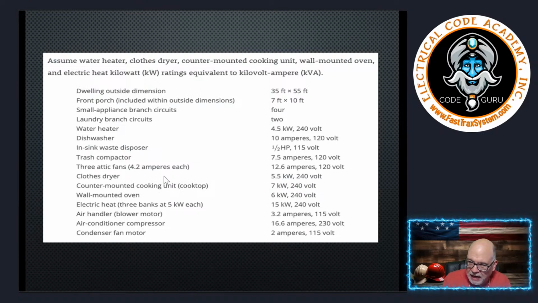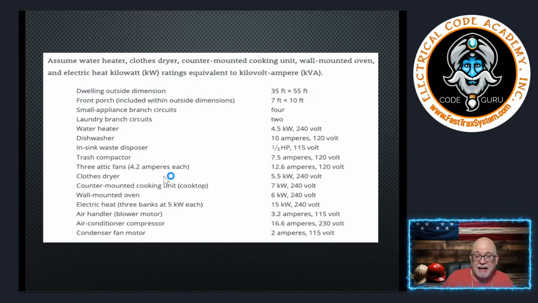In our case, we have 4 small appliance branch circuits. Of course, you all know that the NEC demands a minimum of 2 small appliance branch circuits. And if you're doing a load calculation on an exam and they want you to do the entire load for the dwelling, you have to assume at least 2 small appliance branch circuits at 1500 VA each.